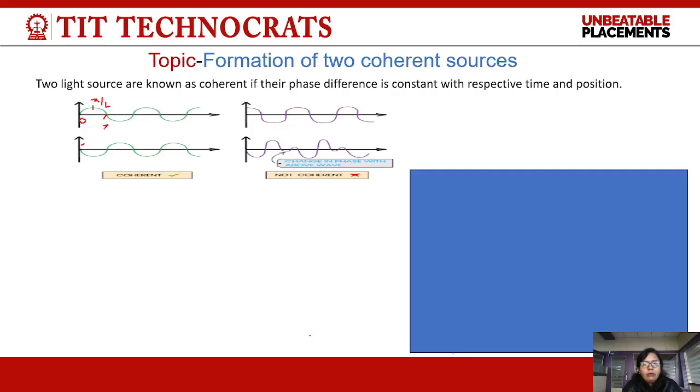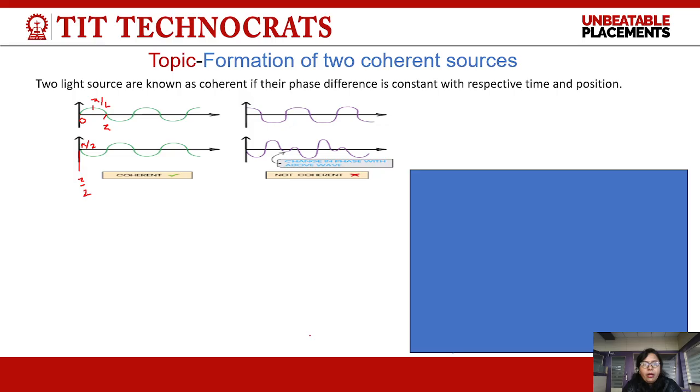This wave started from the lower end, so the phase of the below wave is 2 pi. If I check the phase difference, the first wave has zero phase and the other wave has pi by 2 phase. So the phase difference is pi by 2.